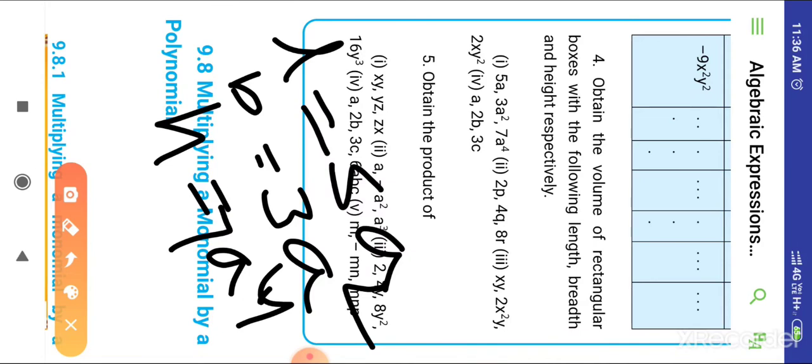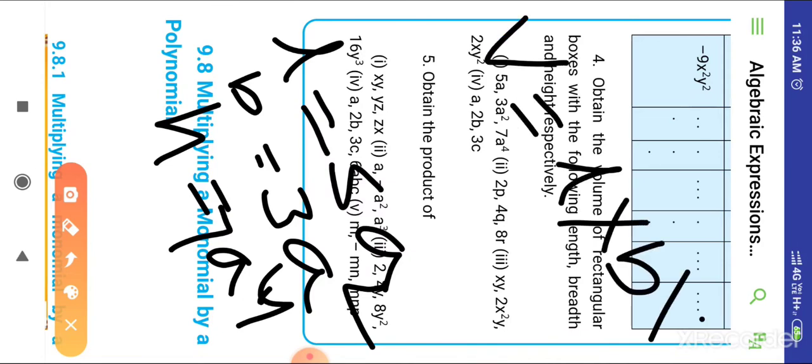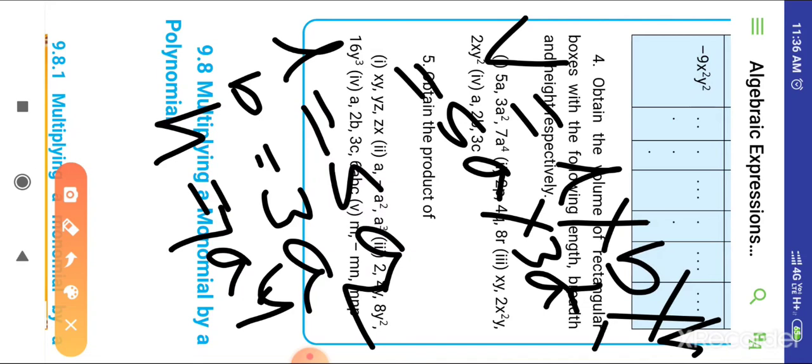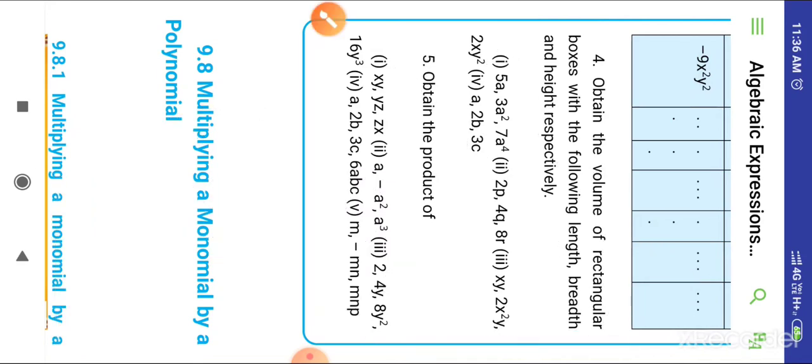So we can write it as 1 upon 4. And for converting this into percentage, we have to multiply this by 100. So our answer is 25%. In the same way, you can solve its second and third part.